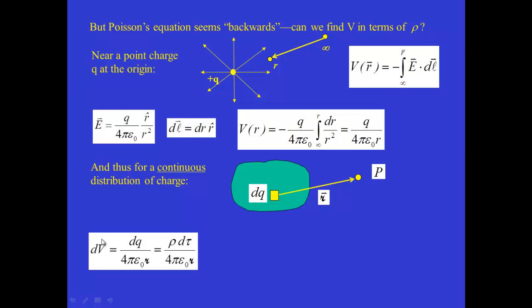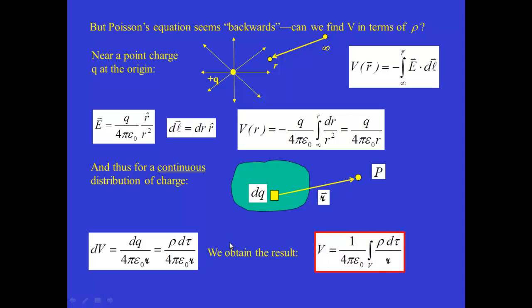Otherwise, all we've done is just taken the equation for the point charge and changed q to dq and V to dV. Well, if the charge distribution is made up of a charge per unit volume rho, then rho d tau is another way to write dq. And so dV is rho d tau over 4 pi epsilon naught script r, and we just integrate over the entire charge distribution, the volume of the charge distribution, to find the electric potential at that point.